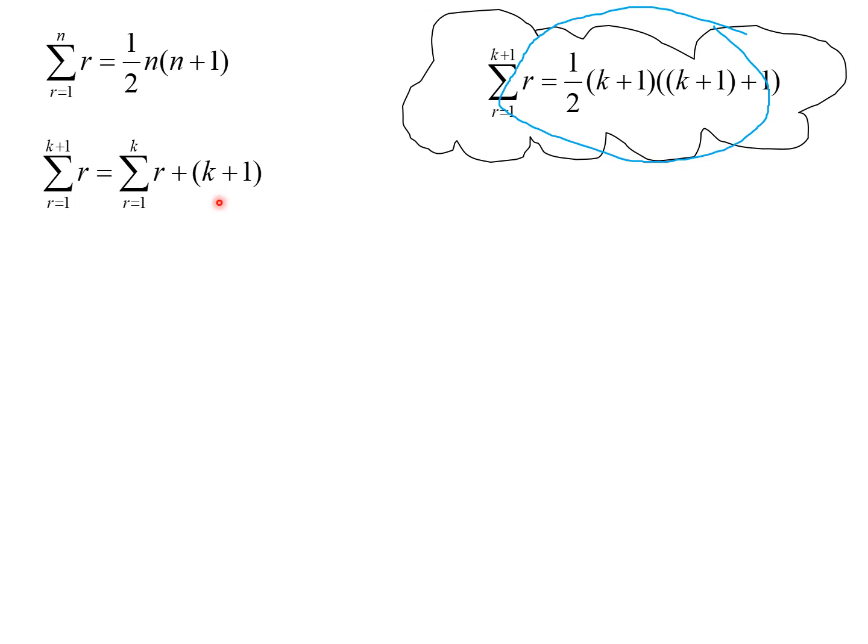If we expand this further, we are going to get half times k times k plus 1, plus k plus 1. The sum of 1 to k is given over here, right? We substitute n as k, which was the assumption we did in step B. So we copy this down here. This is the answer in part B.